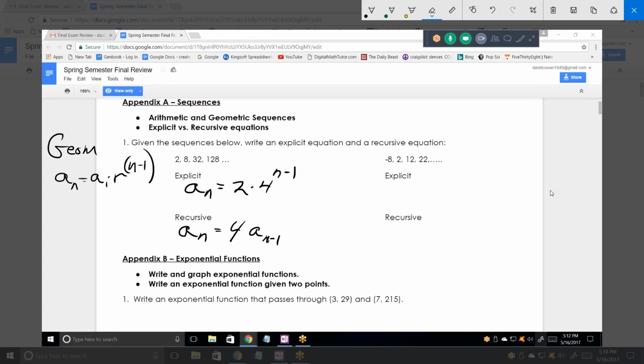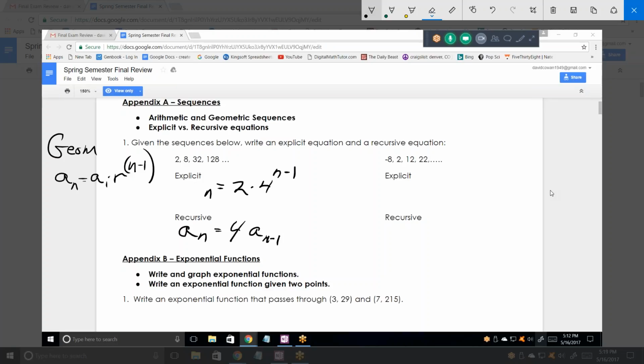In other words, if I gave you the recursive formula and I said, what is the 7th term of that sequence, it's not going to help you very much because you don't know what the 6th term is. Or if I was using some really big numbers, let's say I wanted to know the 200th term of this particular geometric sequence. Well, this would help a lot.